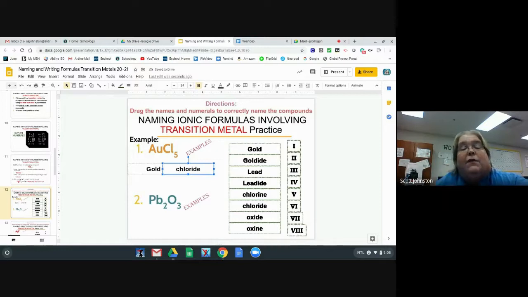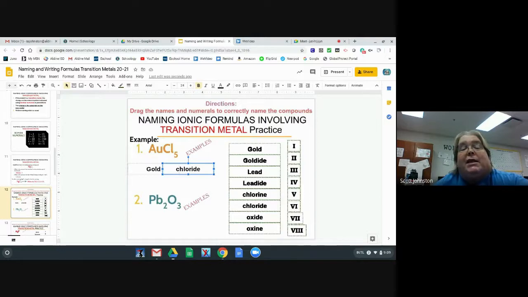Now, if we look at the formula, we do not have any number after the Au, so it's not going to have a subscript based off of that. But if we look at the chlorine, there are 5 chlorines. So that means that chlorine has an oxidation number of 1 negative.